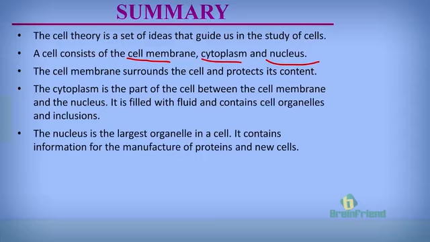The cytoplasm is a part of the cell between the cell membrane and the nucleus. The cytoplasm is filled with fluid and it contains cell organelles and cell inclusions. The nucleus is the largest organelle in a cell. The nucleus contains information for the manufacture of proteins, new cells, cell organelles, and so on.